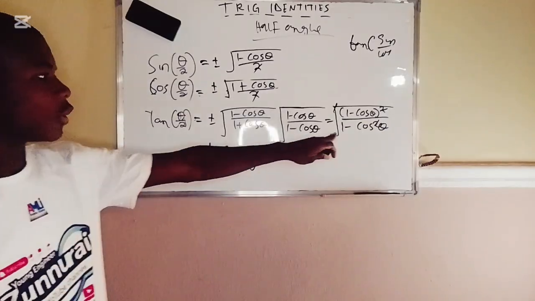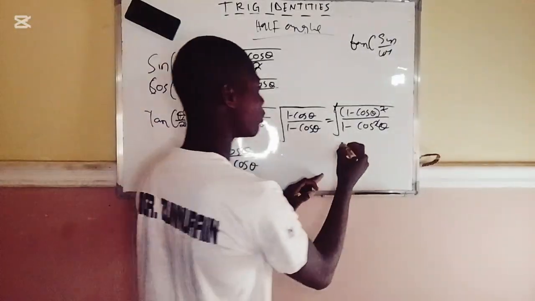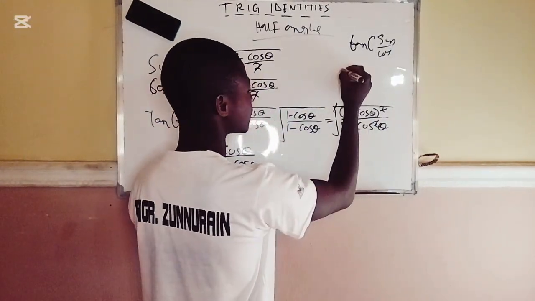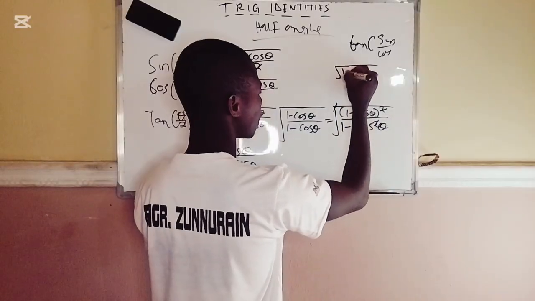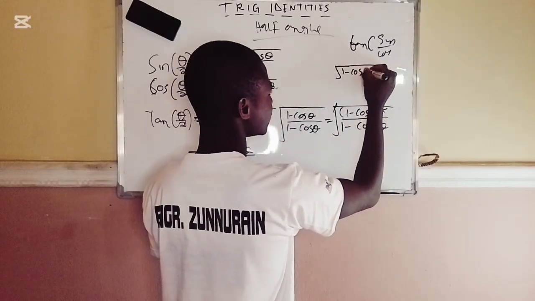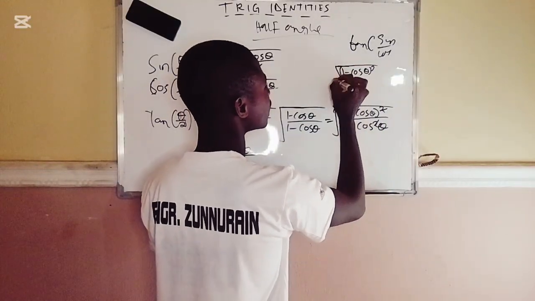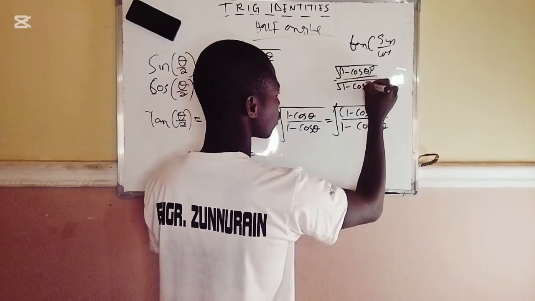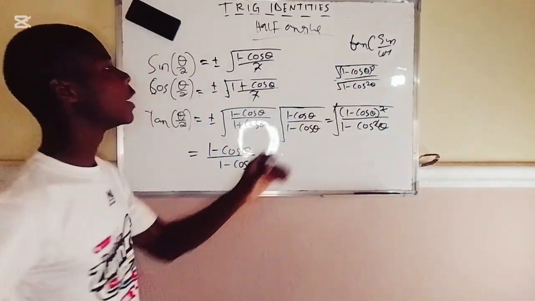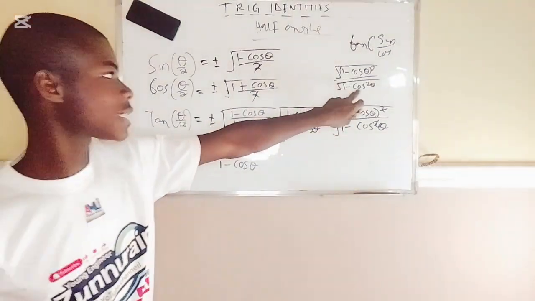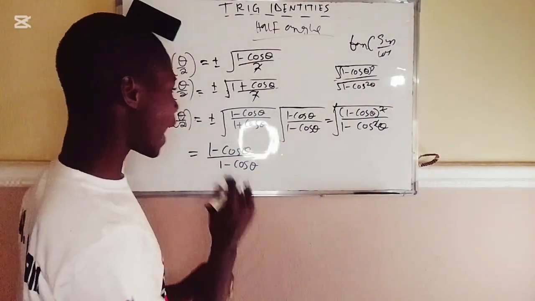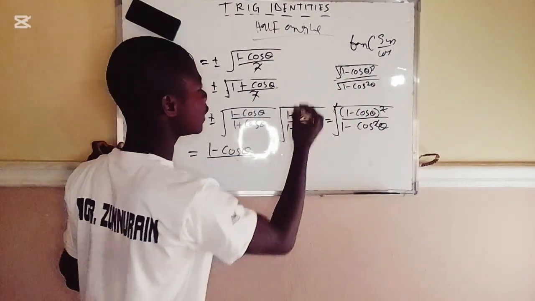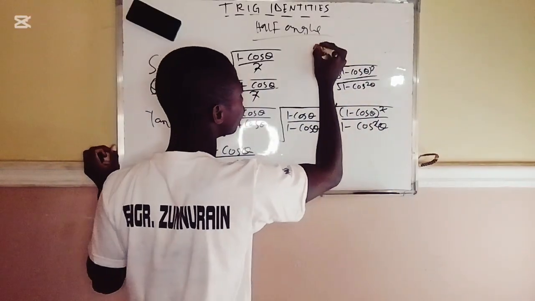But before cancelling, it is the square root of 1 minus cos theta squared, divided by the root of 1 minus cos square theta.